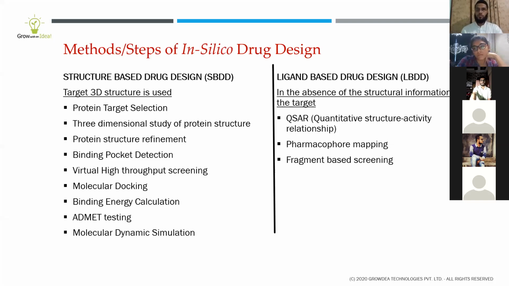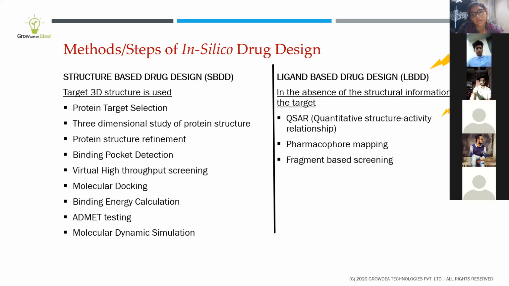We use those known molecules to design something better than them. That is called ligand-based drug design. So in this webinar, and also the follow-up hands-on and workshop later on, we are going to cover ligand-based drug design.